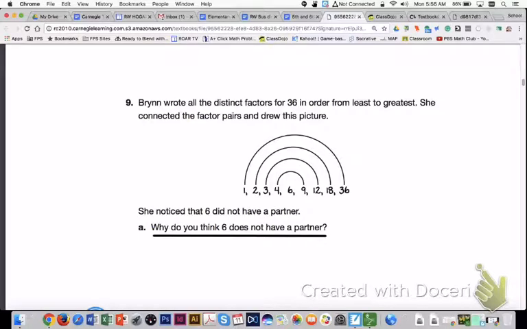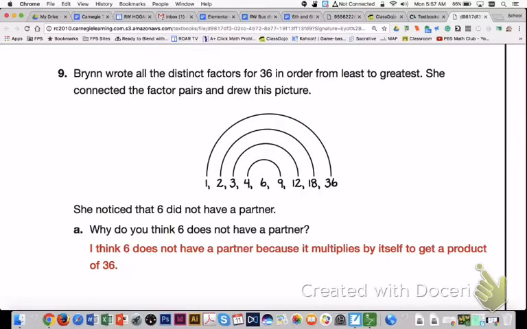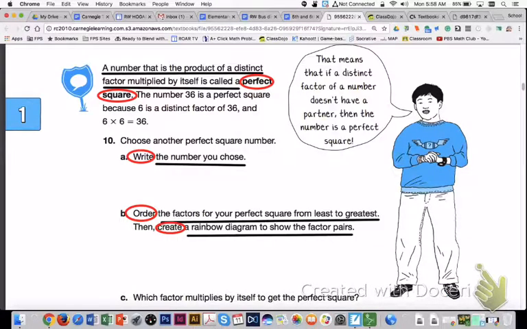Please turn to page 7 and answer number 9, letter A, with your group. For number 9, letter A, 6 does not have a partner because it multiplies by itself to get the product of 36. Please turn to page 8.